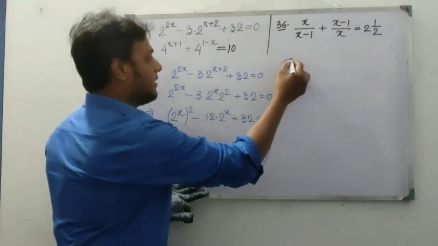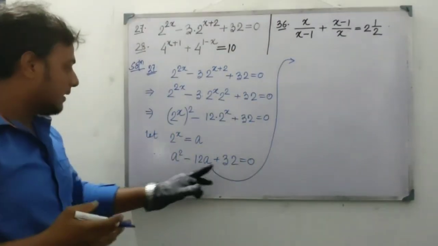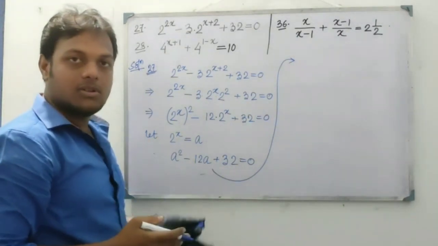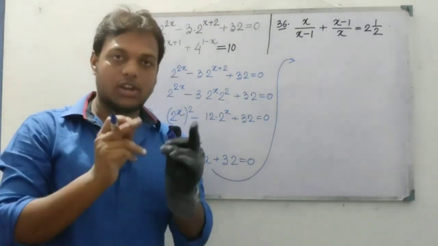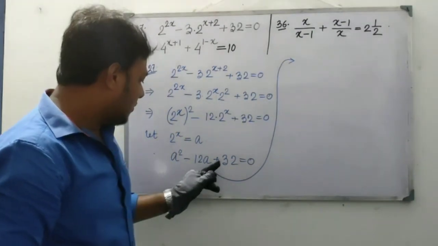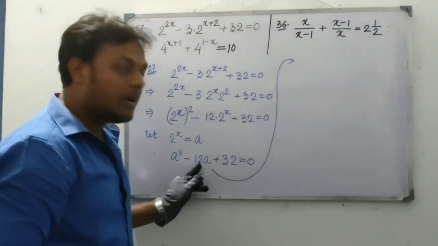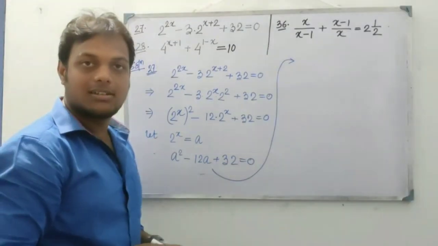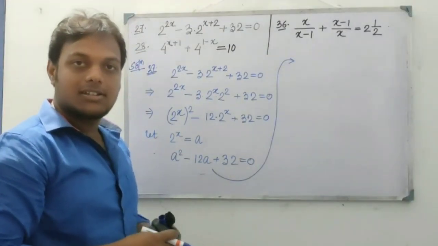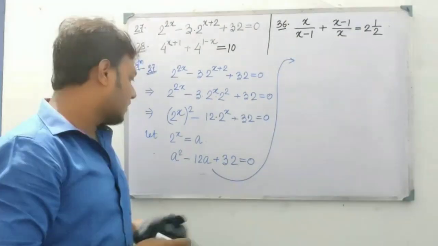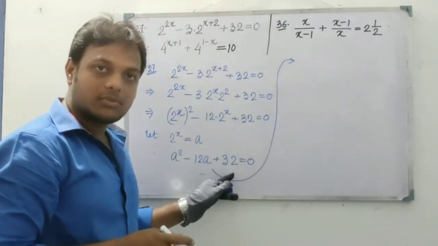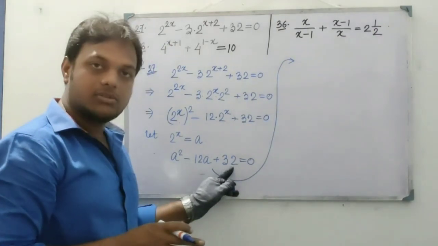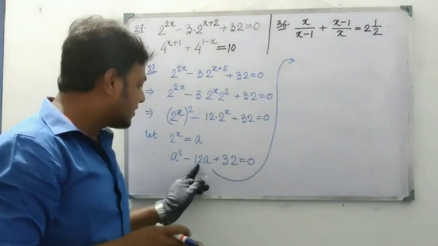I am factorizing that side. If we multiply the extremities, then it will be 32 into 1 is 32. Now break 32 into 2 factors, and you have to match 12 by addition, since the last sign is addition. By addition of 2 factors of 32, you have to match this term.